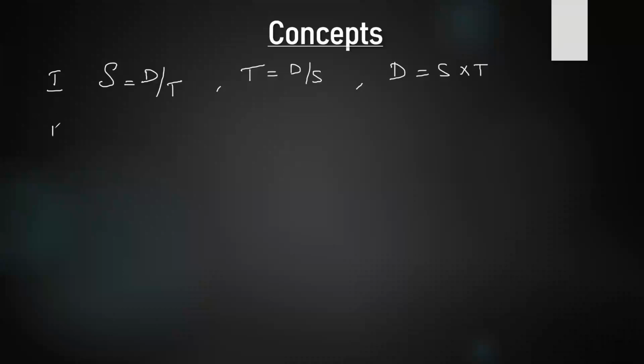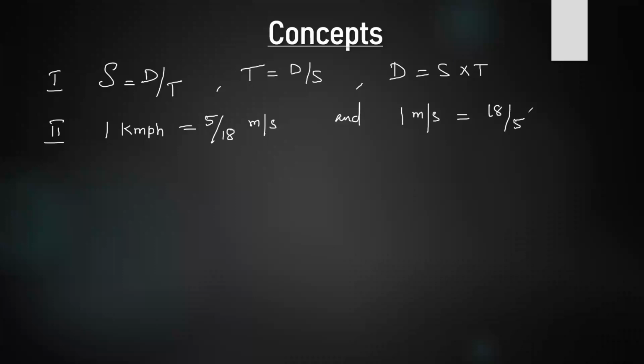So first point, the basic formula: speed equals distance by time. From this, you can find time and distance. The second one, conversion: 1 kilometer per hour equals 5 by 18 meter per second, and 1 meter per second equals 18 by 5 kilometer per hour.